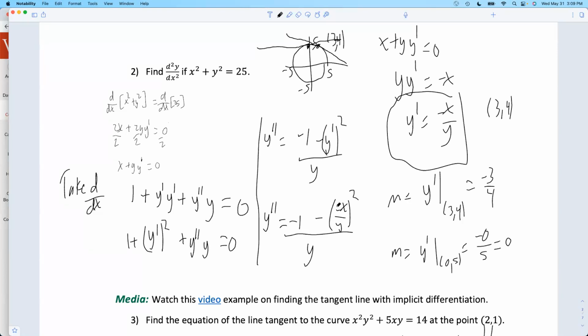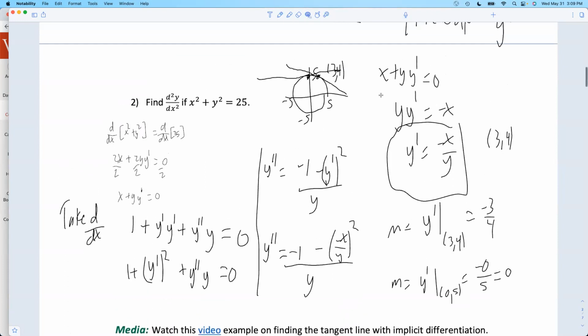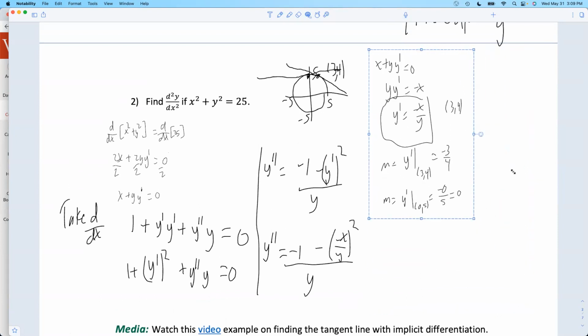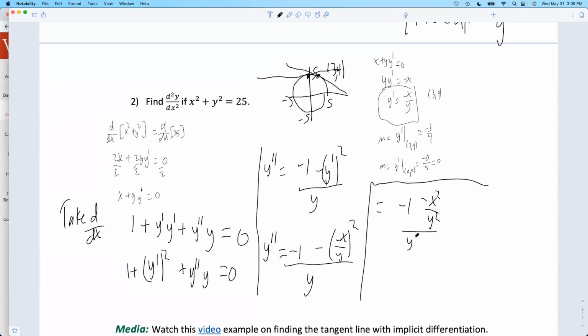So maybe let's do that, because I think this is going to get a little prettier. So this would equal -1 minus x squared over y squared, that minus got canceled, all over y.